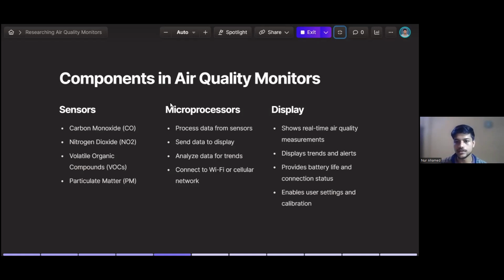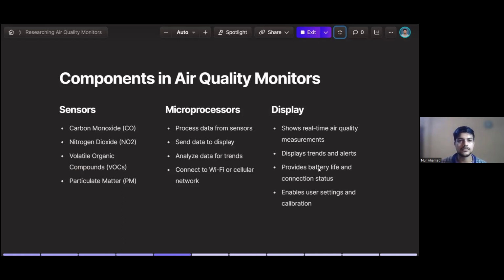The display unit shows the real-time measurement of the air quality, and displays trends, alerts, battery life, and connection status. It also enables user settings and calibration.